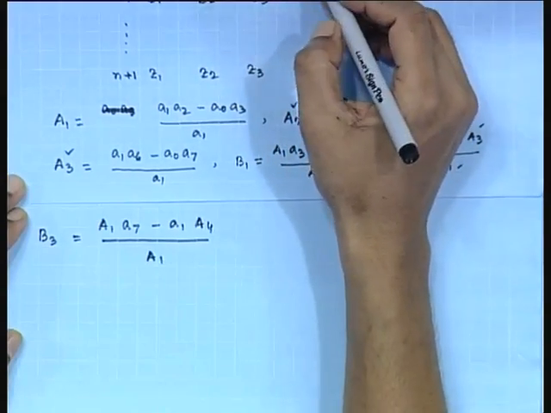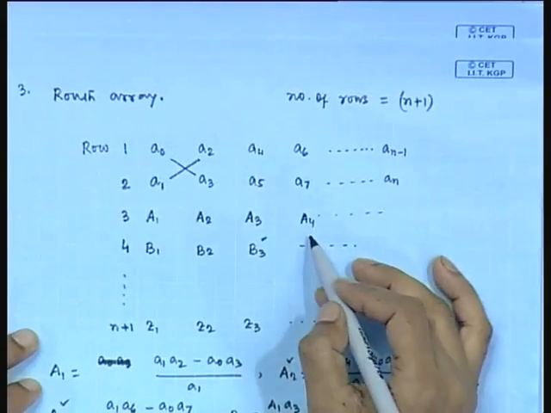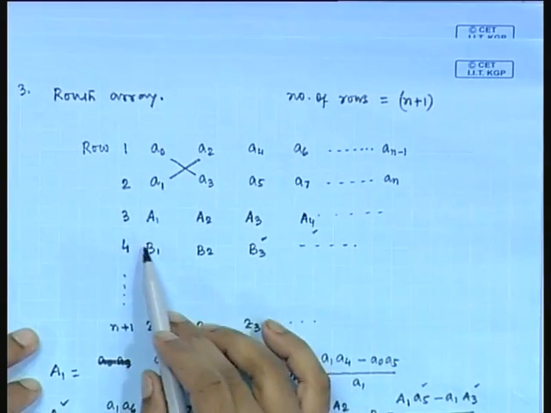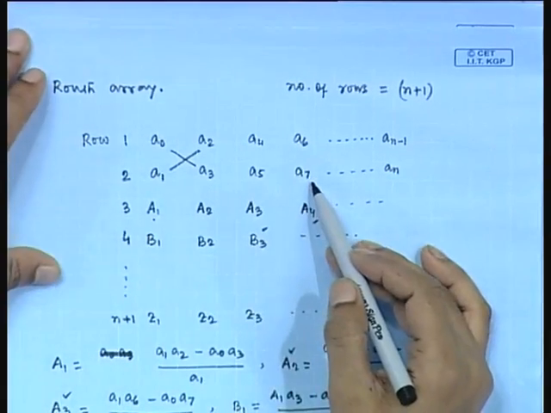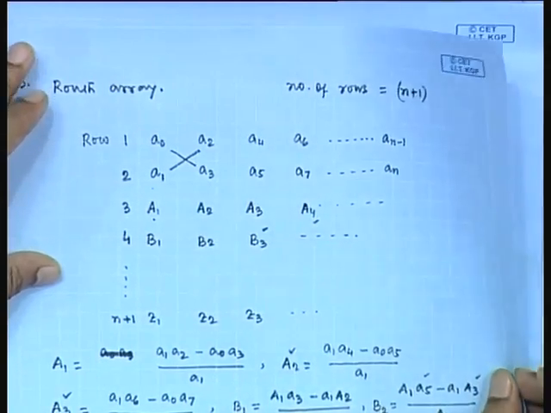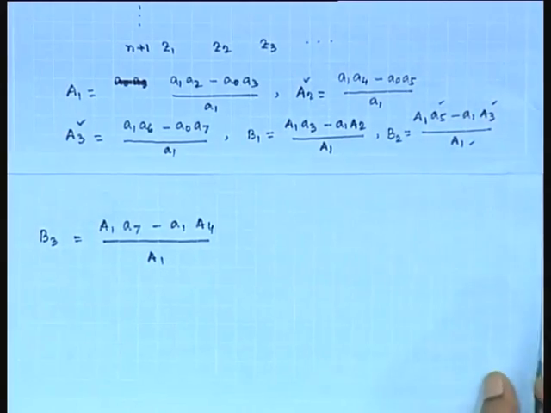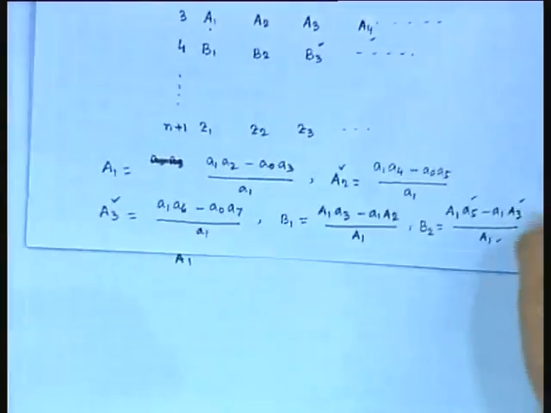For B3, we need to write here the element A4. So, capital A1 small a7 minus small a1 capital A4 divided by capital A1, that is the expression for B3. So, this is the third point in which we have discussed the formation of Routh array.